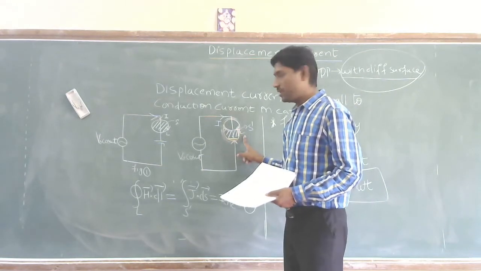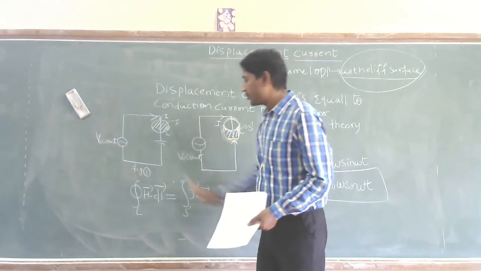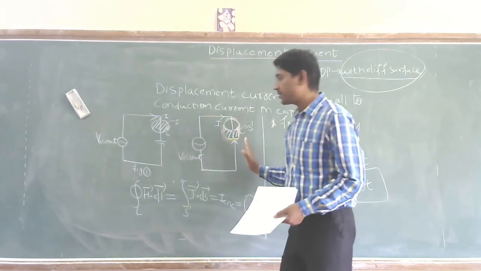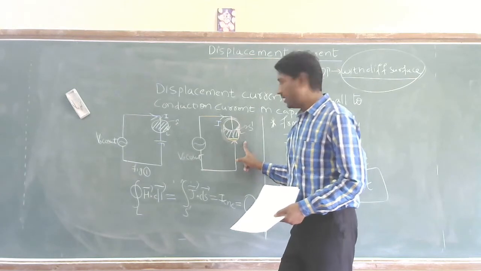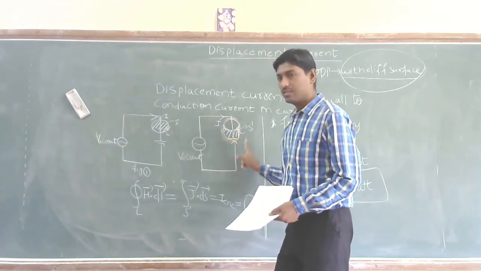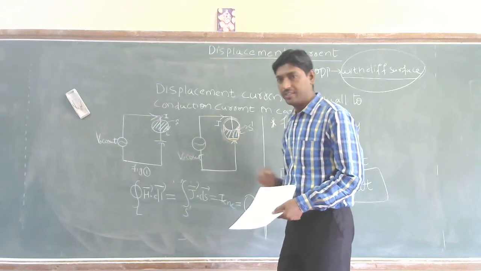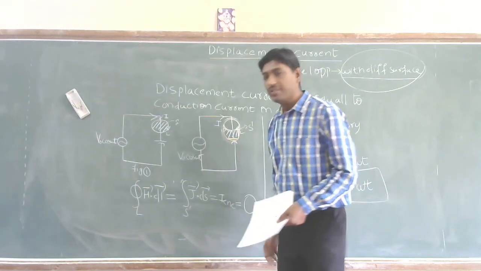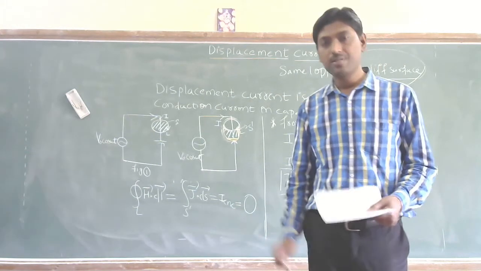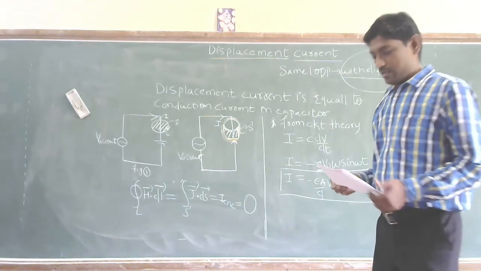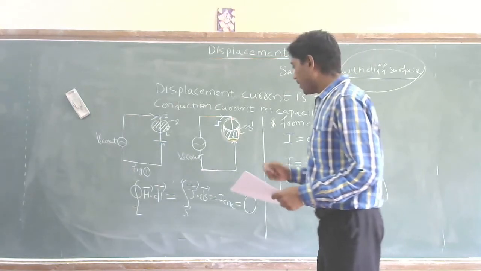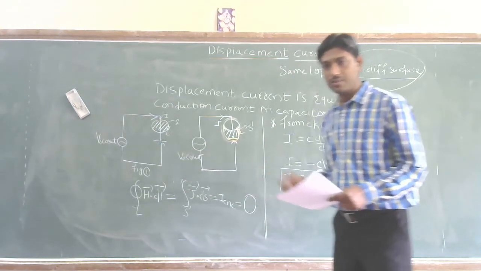So according to Ampere circuit law, we should have got the same answer for this surface or this surface, because for these two different surfaces the loop is the same. But we are getting a different answer. This is a contradiction. Now, how can we resolve it?